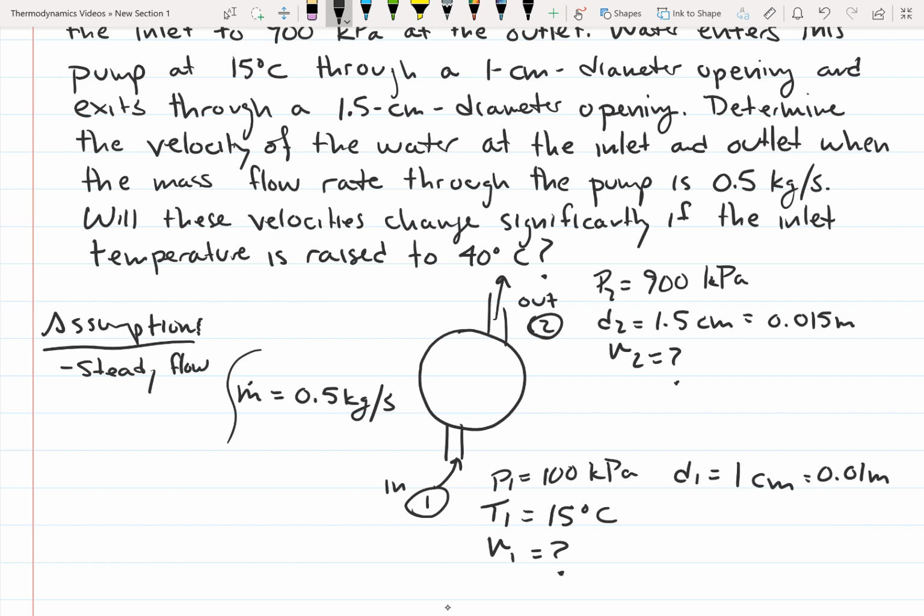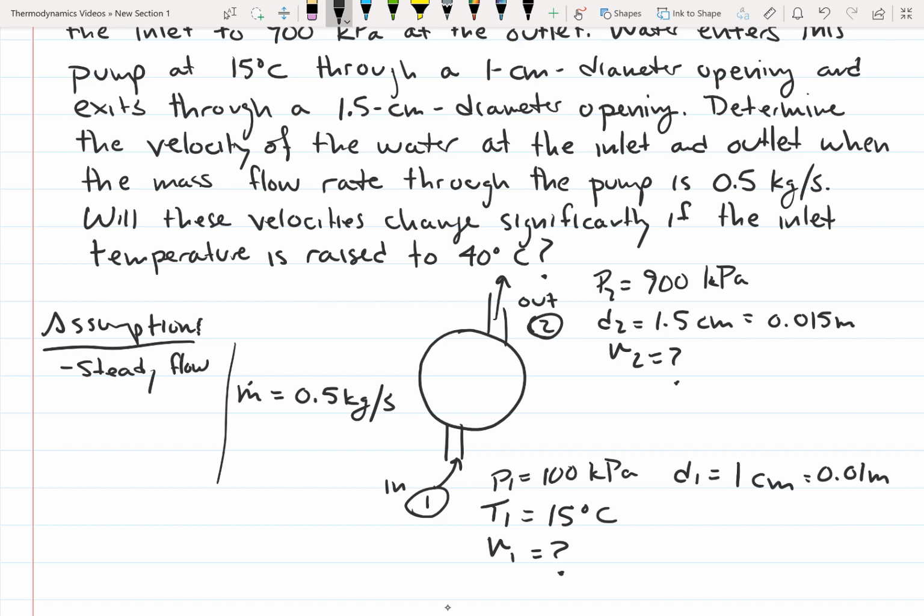And the reason why is because it's telling us that the mass flow rate through the pump is 0.5 kilograms per second. We have a pump, and we're assuming that it's been operating for a while, so it's not in the startup, and we're also assuming it's not in the shutdown phase.